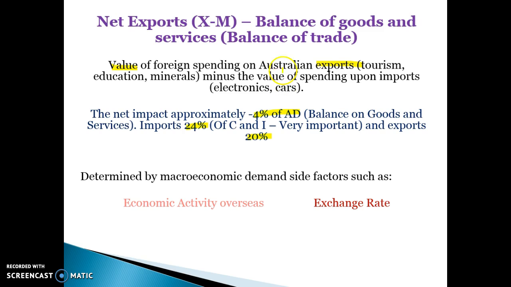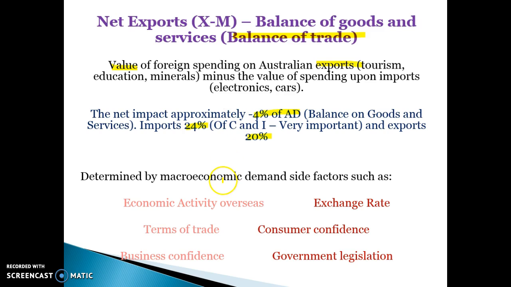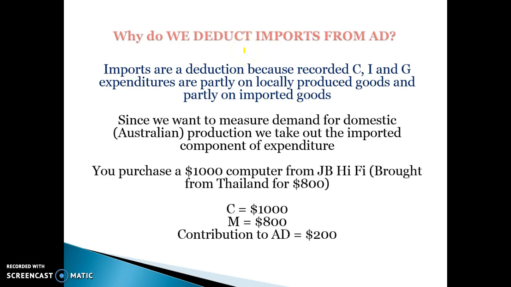Generally we say Australia has a trade deficit, which means the value of our imports is greater than the value of our exports. We'll discuss some of the macroeconomic things that affect exports and imports in the next chapter, but it's important to remember that the value of exports minus the value of imports is the value of net exports.